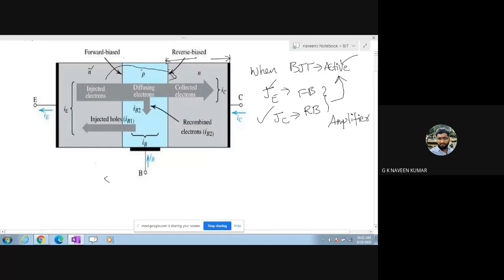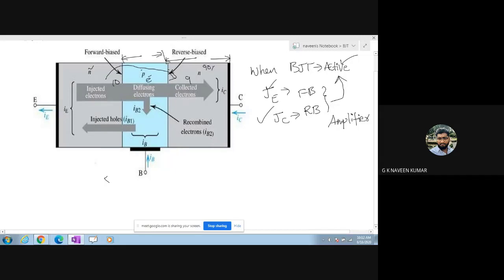So the base width should be very small because you have to avoid more recombination. Suppose 10 electrons are sent by the emitter, and 9 electrons reach the collector while 1 electron recombines in the base region. Then there is no issue, because there is 90% efficiency.